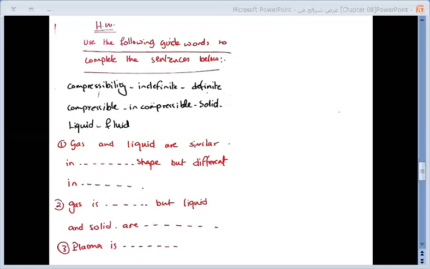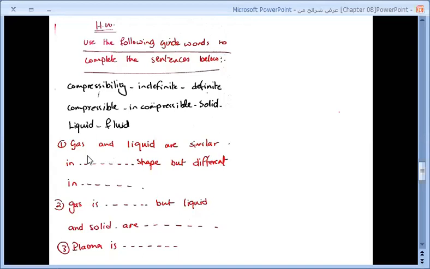Number one, compressibility. Number two, indefinite. Number three, definite. Number four, compressible. Number five, incompressible. Number six, solid. Number seven, liquid. Number eight, fluid. These are the guided words you would use to fill the blanks.